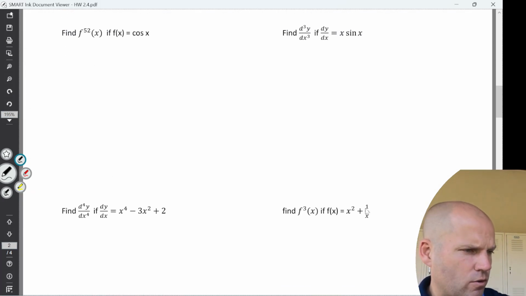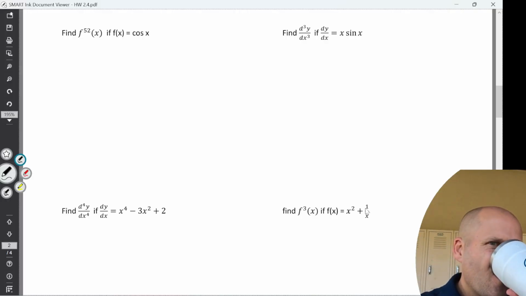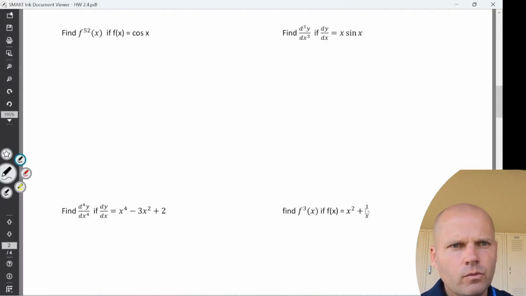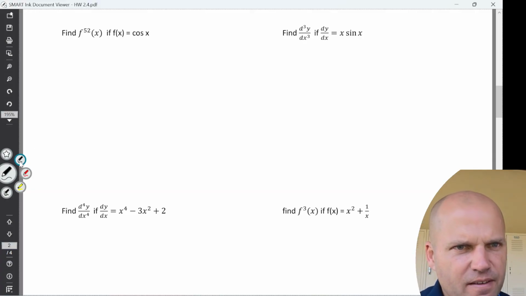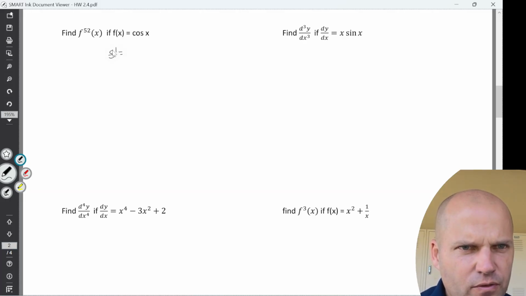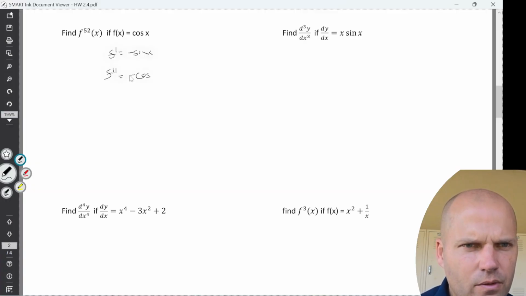All right, moving into higher order derivatives. If I ask for the 52nd derivative of cosine, you might feel intimidated, but you have to realize that things will start repeating themselves after a certain number of derivatives.